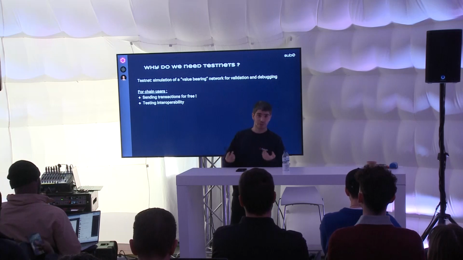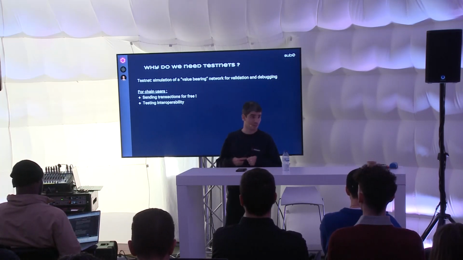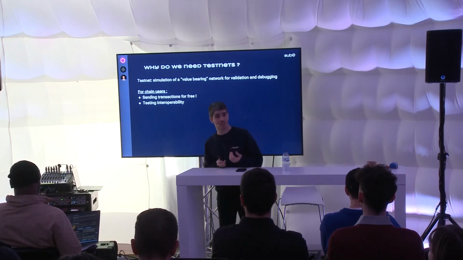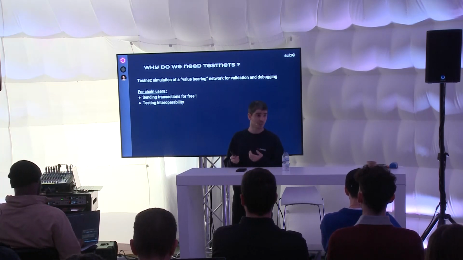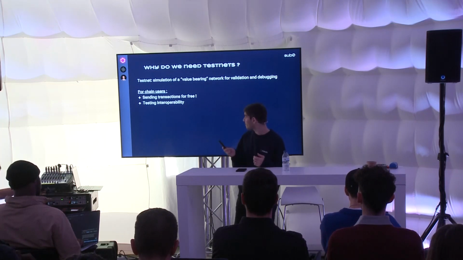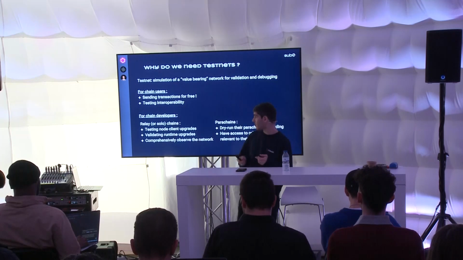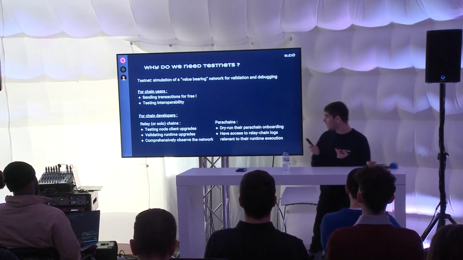From the user point of view, it's already helpful to have testnets because you can try and send transactions for free. You can try out interoperability. You can try out different apps that connect to the blockchain, even if you don't have tokens. But even more importantly, for the chain developers, it gives you tons of interesting properties.